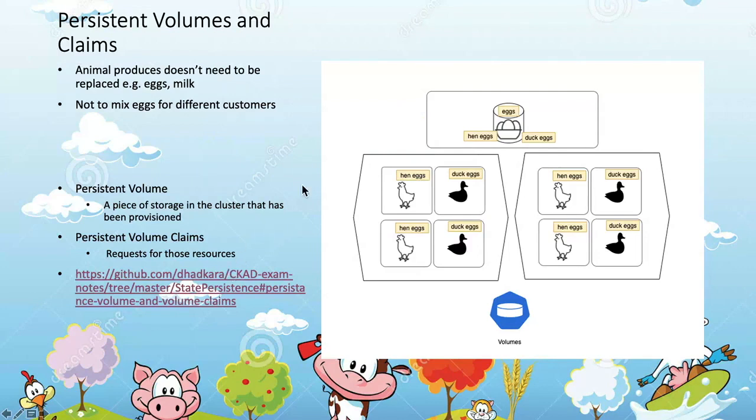The way it works is you create a volume outside of your nodes, and you can create volume claims. In this example, hen eggs are my volume claims and my volume is eggs. I attach my claim to my volume, and I can say, hey, this is the volume I care about. And then you can attach those claims to particular pods and containers.